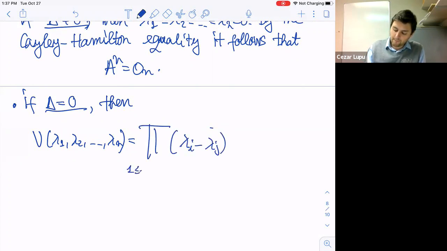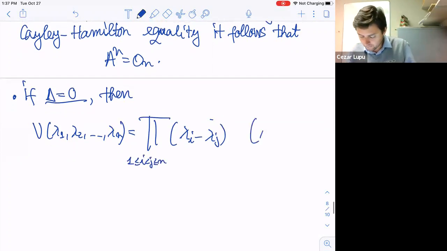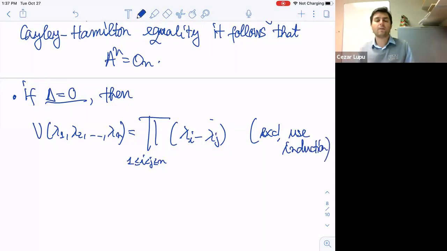I leave it to you as an exercise. Try to use induction. When you do the inductive step, you go from n to n plus 1 and you expand over.